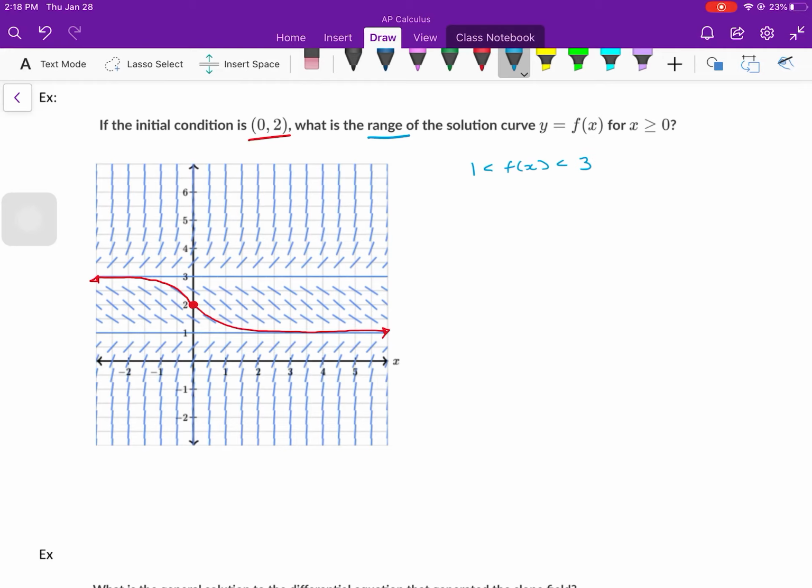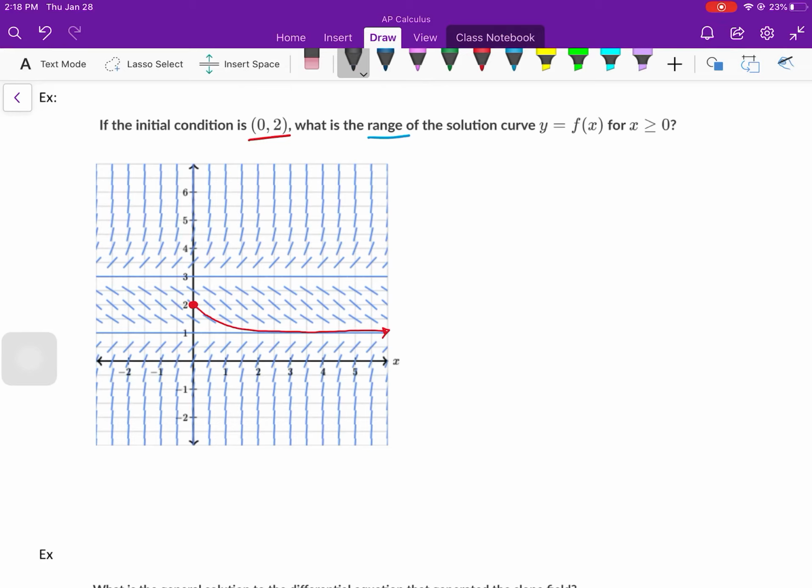And actually, I just read the question. This is saying for x greater than 0. What that means is to the right of the y-axis, so from here on. So actually, it starts at 2, and it does equal 2. And then it drops to 1.